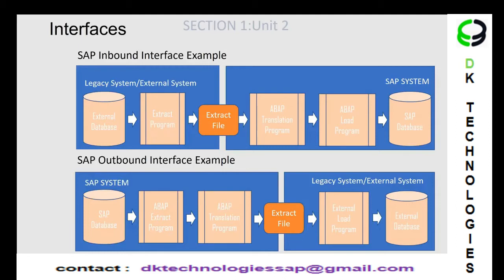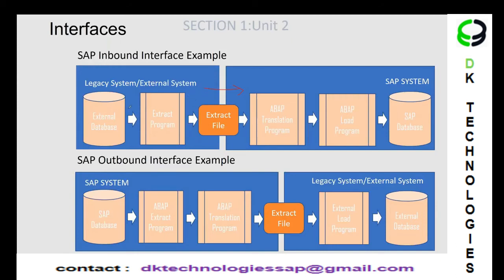In an inbound interface, as you can see, you have your legacy system or an external system, and from this system, you are posting the data into your SAP system. We use different things, like BAPIs or inbound and outbound interface programs that we can develop. There are different types of programs we can develop to achieve this functionality.